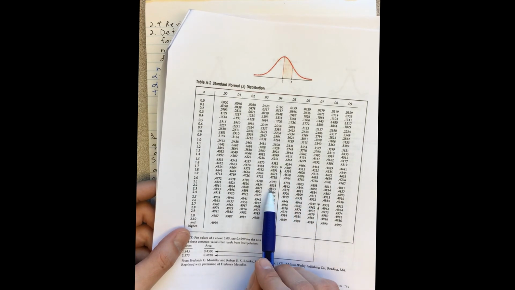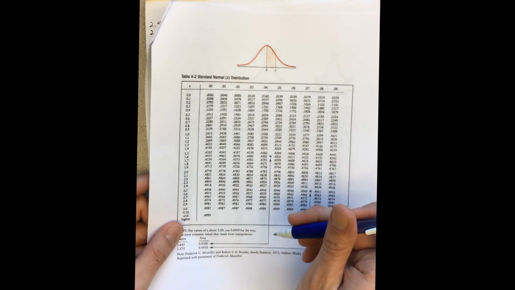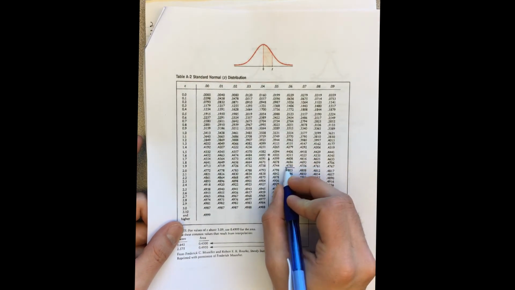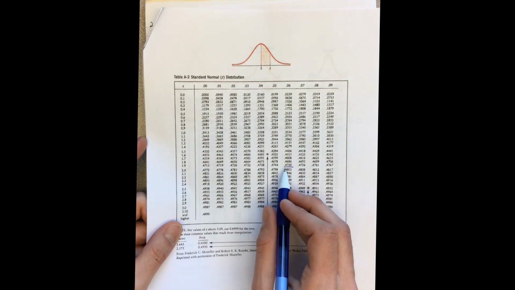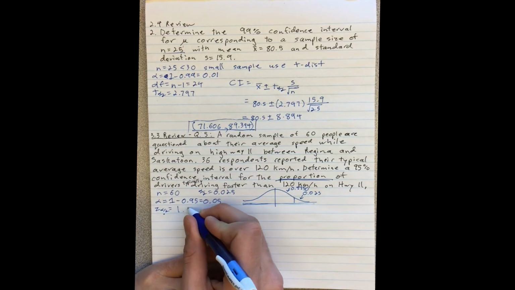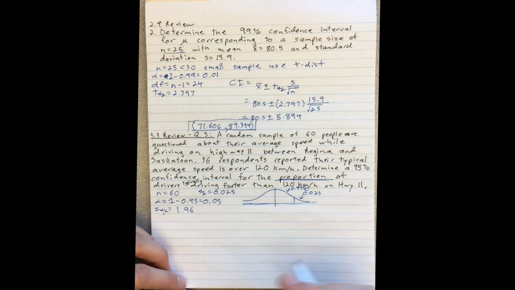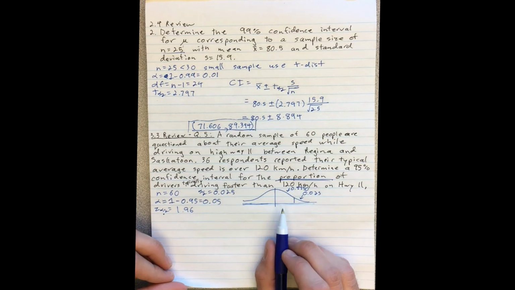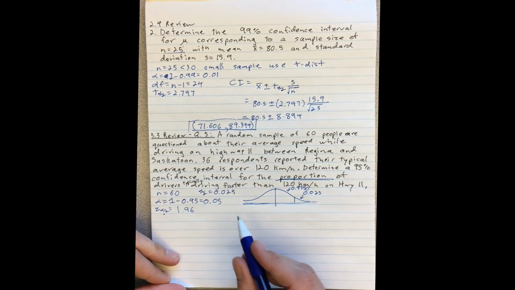Now, where's 0.475? Oh, this isn't one where it's built in. Yes, it's right here. 0.475. This is 1.9 and the 6 up here. So this is equal to 1.96. Okay, so 1.96 is the Z value.